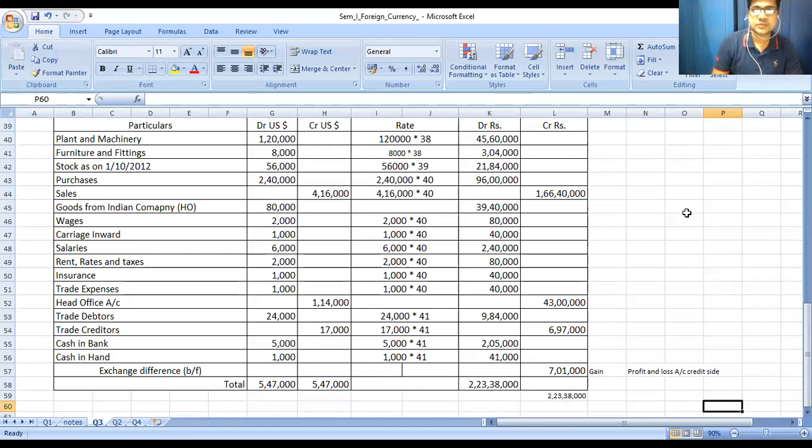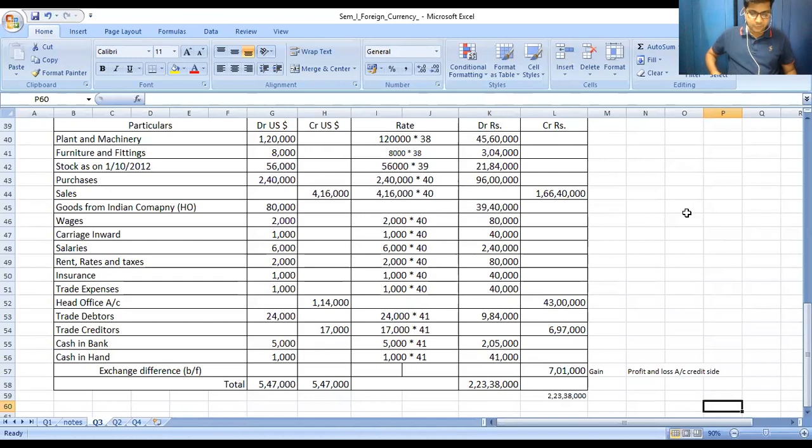After this, what do we have to do? We will prepare the trading account, profit and loss account, and then the balance sheet. Can you prepare them? Yes, you can easily do it.